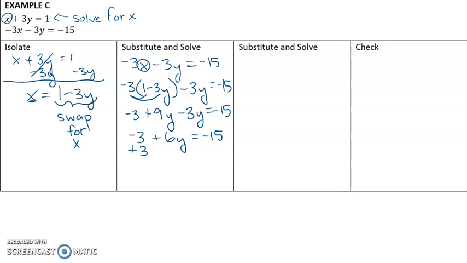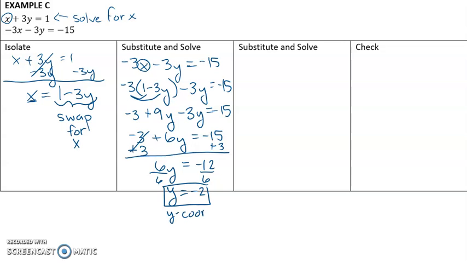We want to zero out the constant because we're trying to get y alone. Divide by the coefficient. We get y equals negative 2. Okay, so there's our y coordinate. Awesome. Now we substitute that into an equation to find our x value. Okay, so I'm going to use x plus 3y equals 1.